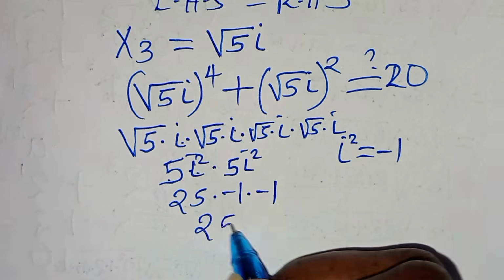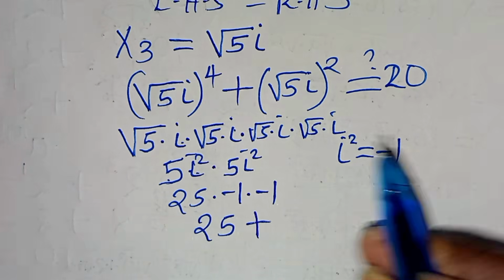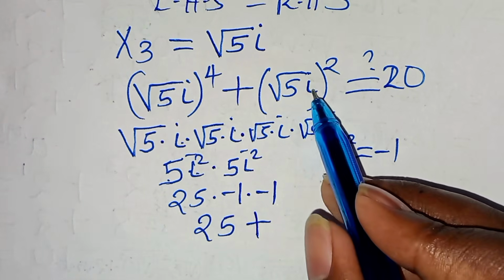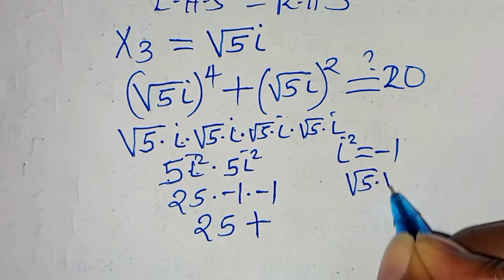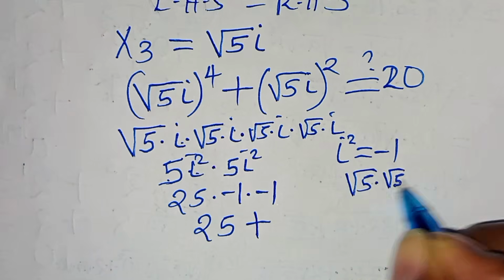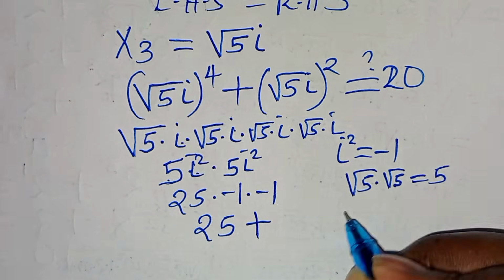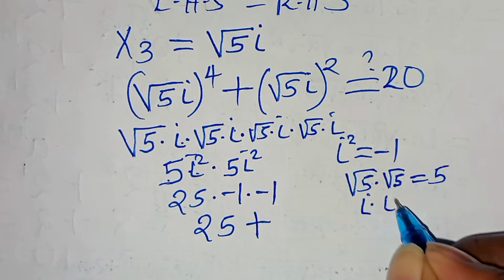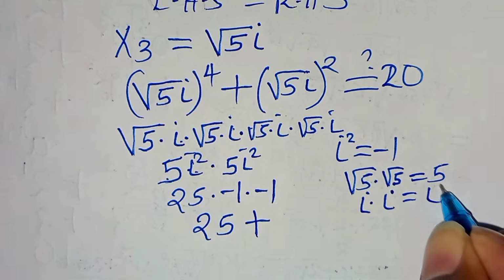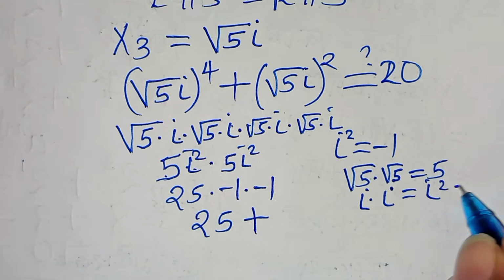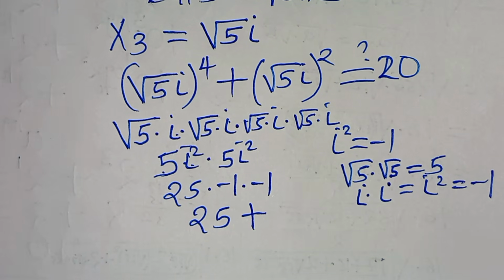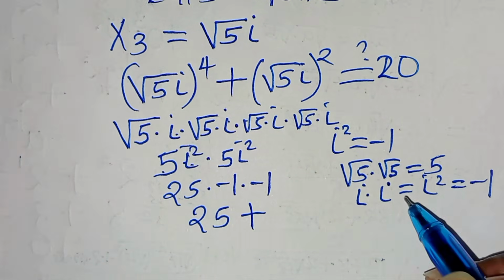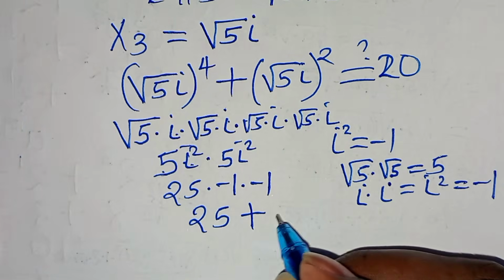So we have 25, then plus square root of 5i squared. Square root of 5 multiplied by square root of 5 is the same thing as 5. Then we have i times i, which is i squared, equal to minus 1.